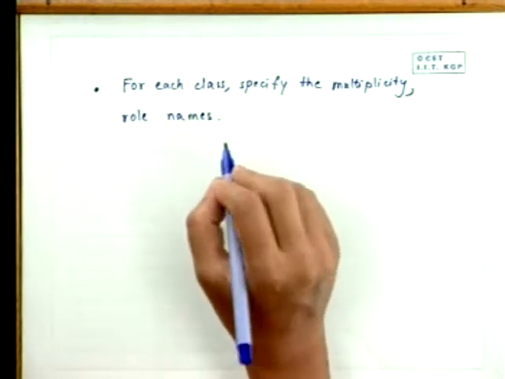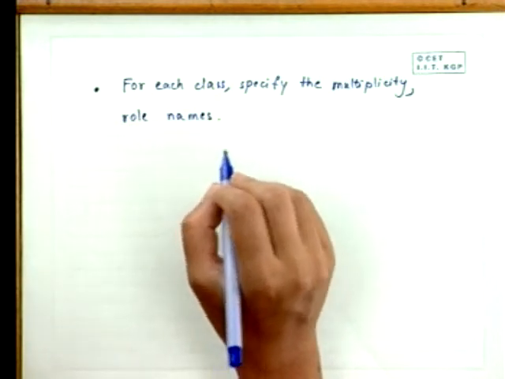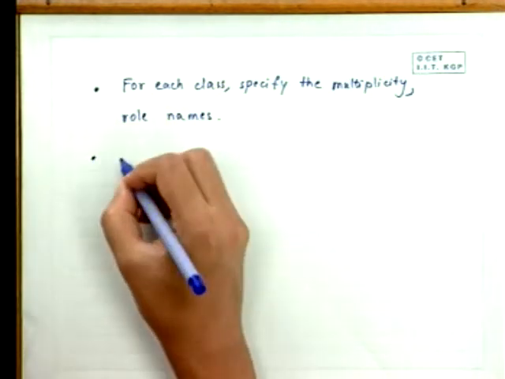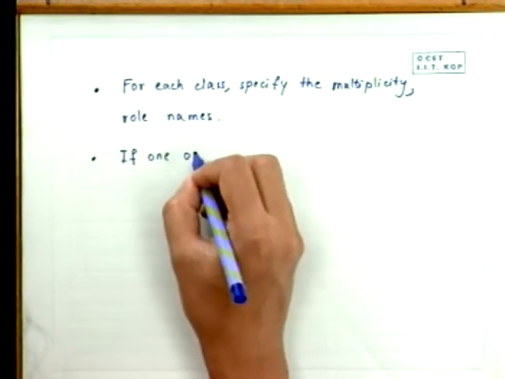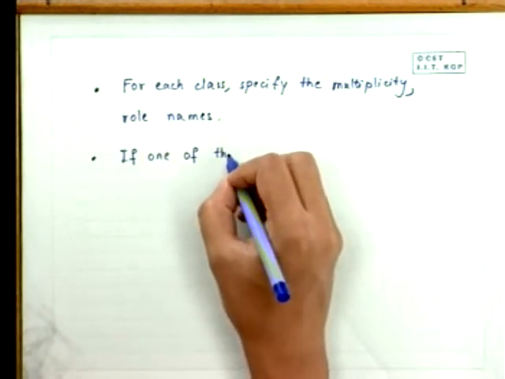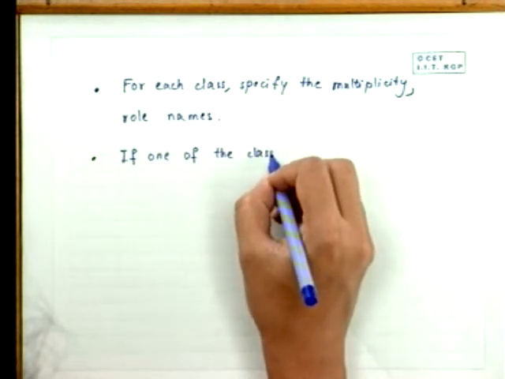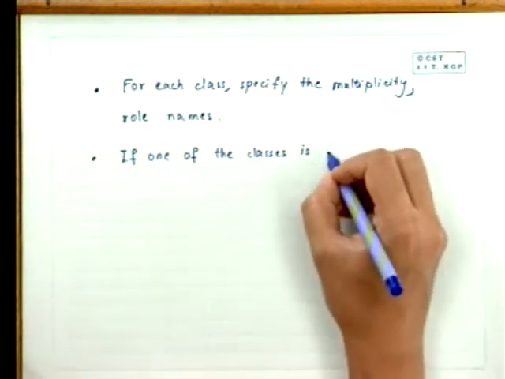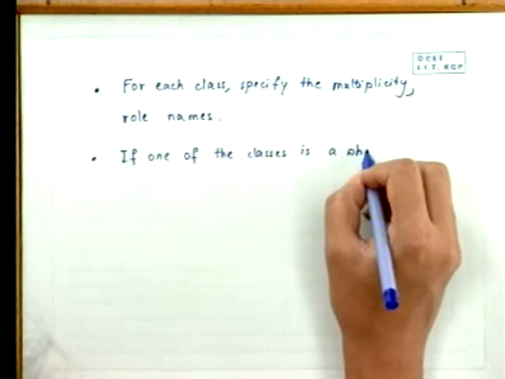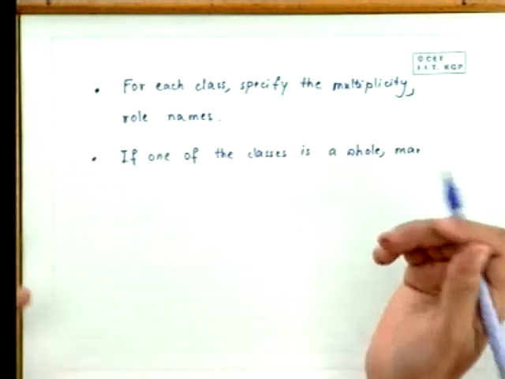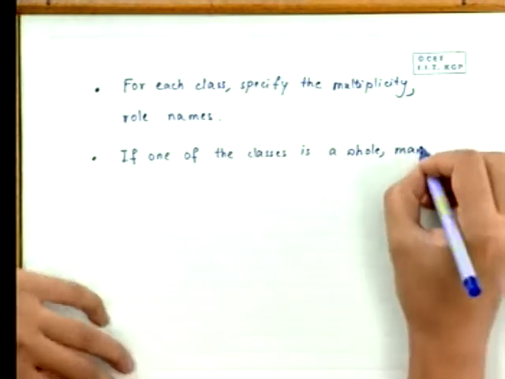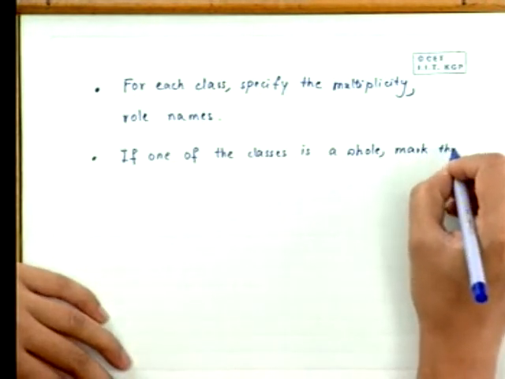The default multiplicity is star. Fourthly, if one of the classes is a whole and the other class is a part of that whole, mark this as an aggregation relationship.